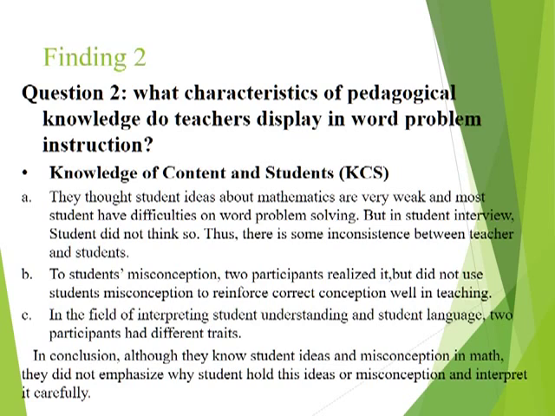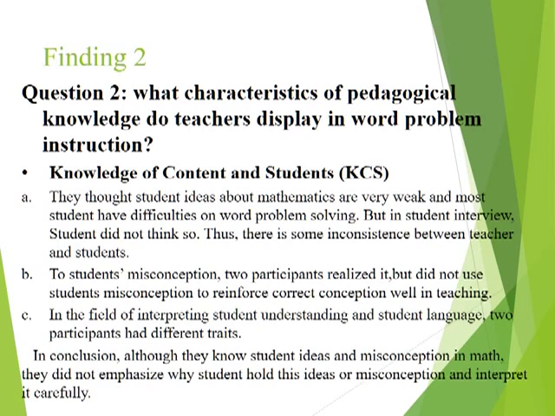Finding 2 is about pedagogical knowledge of teachers. In the knowledge of content and students, I found my participants thought students' ideas about mathematics are very weak, and most students have difficulties on word problem solving. But in the students' interview, students did not think so.